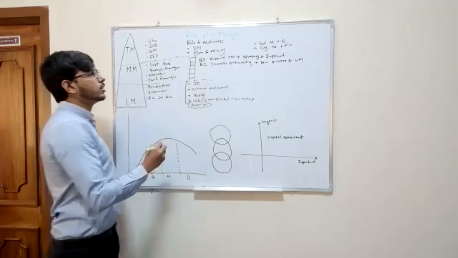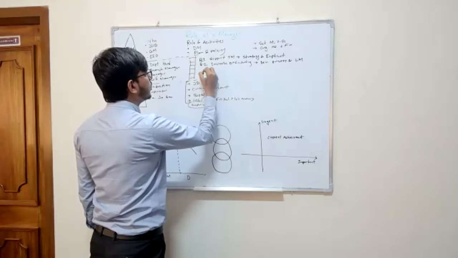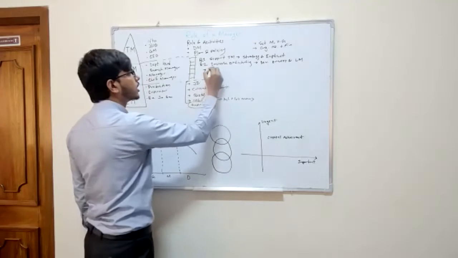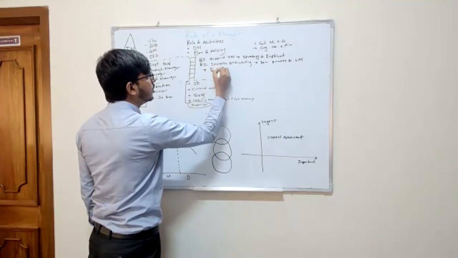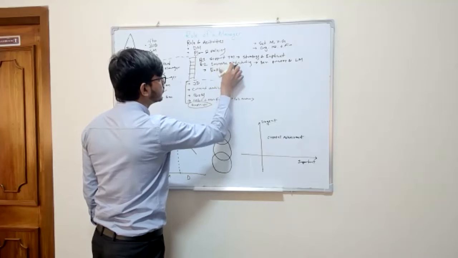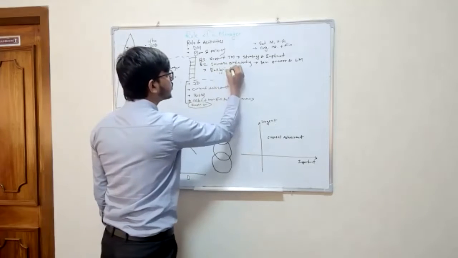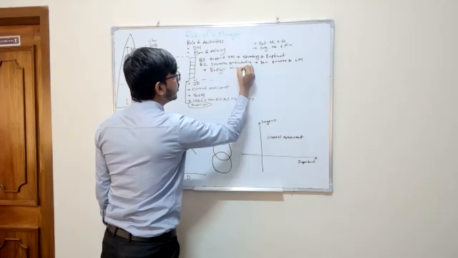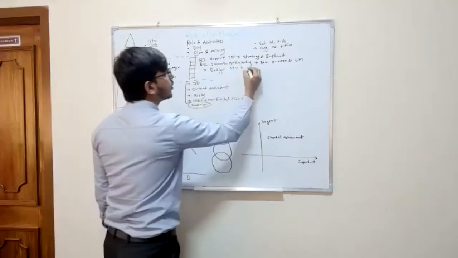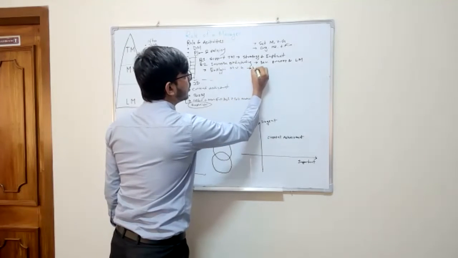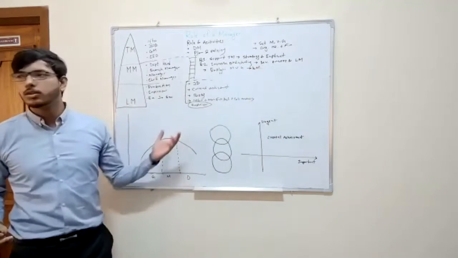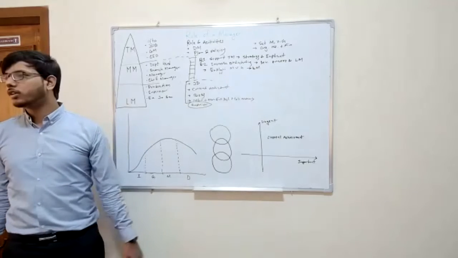Other than this, they are liable for explaining the mission and goal of the company to the lower management. Otherwise, lower management cannot understand what they are working for.